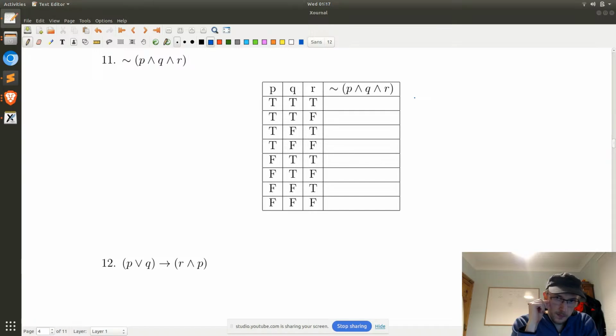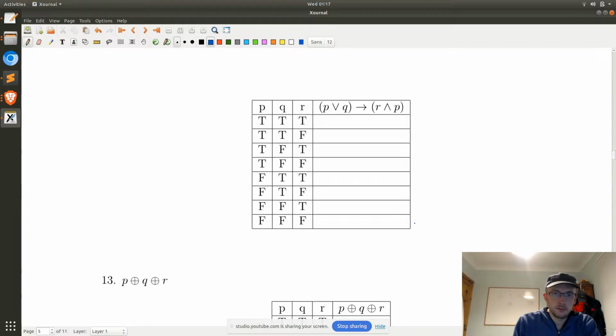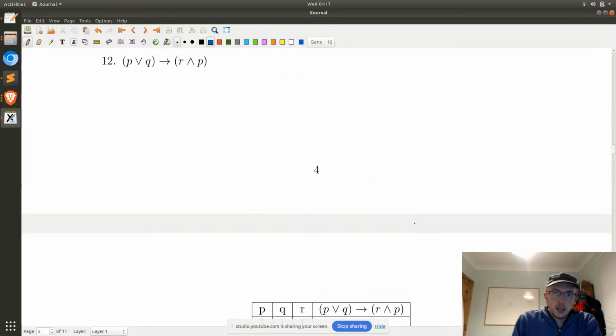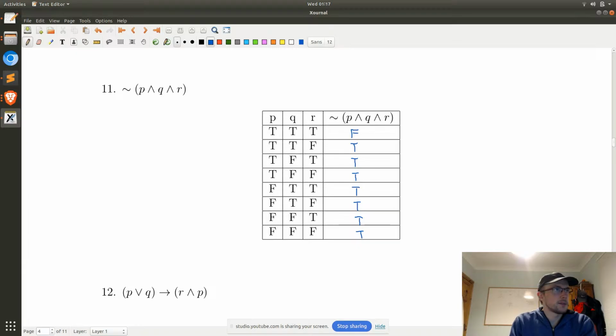And so that'll be not true, which is false, and all the rest of the time this conjunction of P, Q, and R will be false because at least one of them differs, and therefore all the rest of the time the entire statement will be true. And don't forget to type it in. P and Q and R.